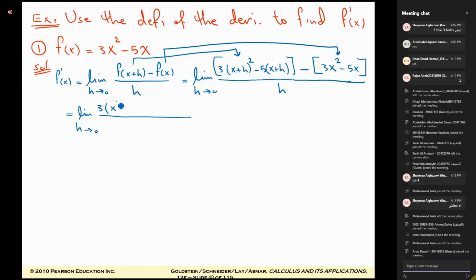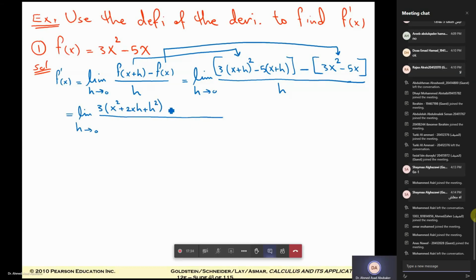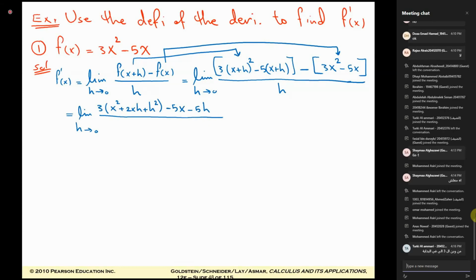We have x squared plus 2xh plus h squared, minus 5x minus 5h. After finding the perfect square of x plus h, we need to multiply minus 5 with x, and minus 5 with h.